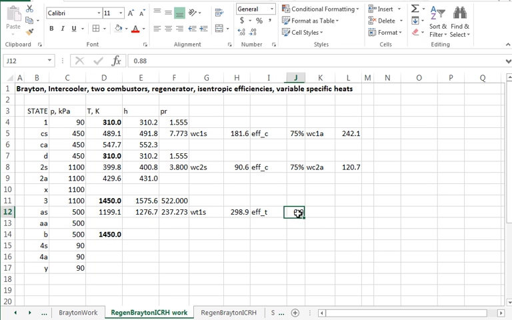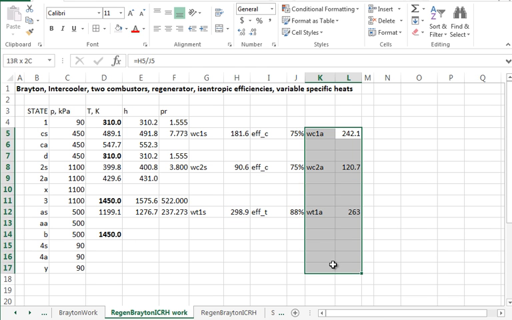And so let me just change that to percent, 88%. So the work of turbine 1 actual, I'm not going to get as much as 300. I'll get 88% of that. I'll get 263. If I want, I can move this over by a digit or make sure I can see it. I guess that's a 0 there.